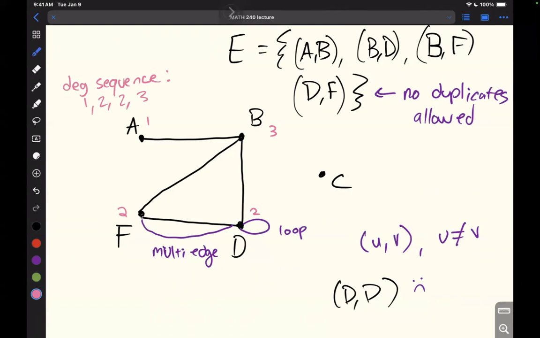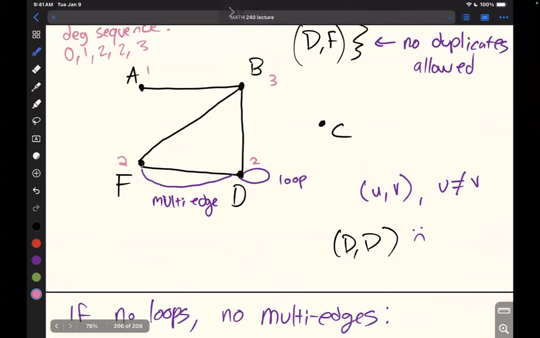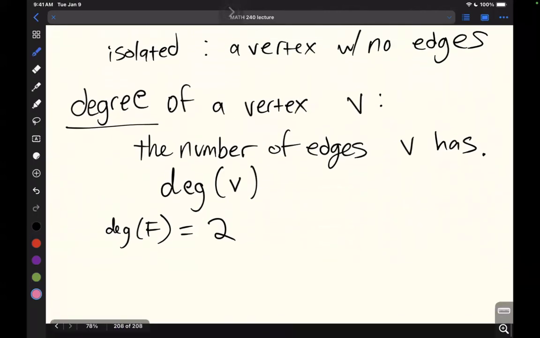For the degree sequence, do you not include 0, like for C? You would include C. Thank you. Yeah, the degree of C is 0 because it has no edges.